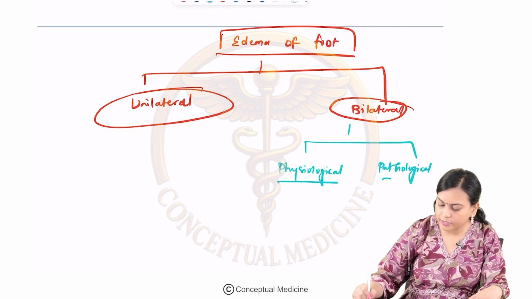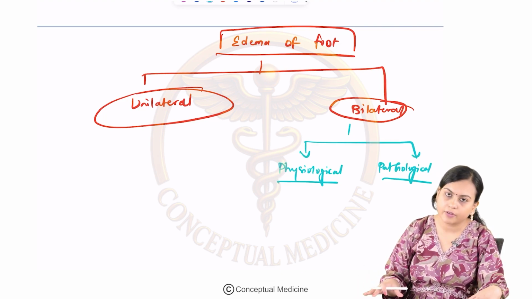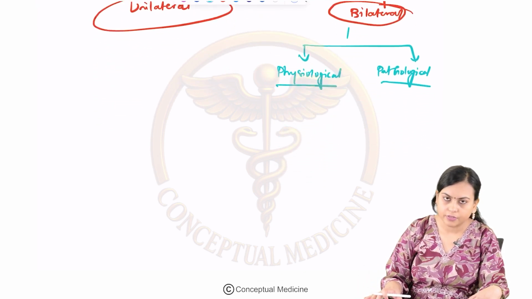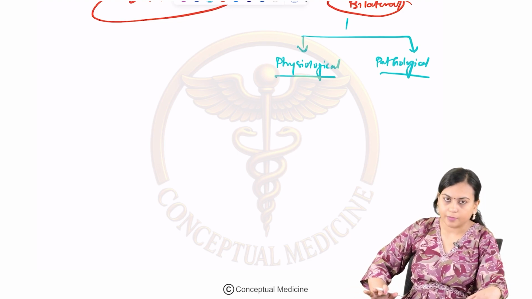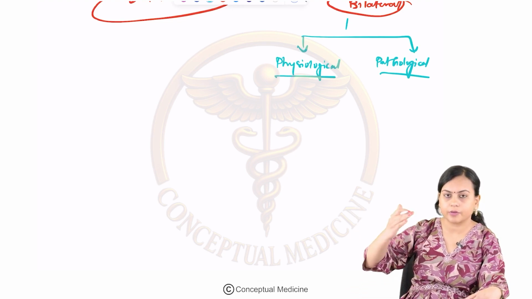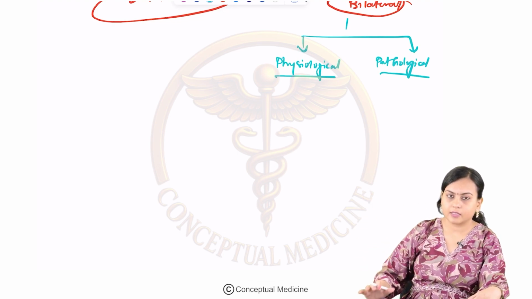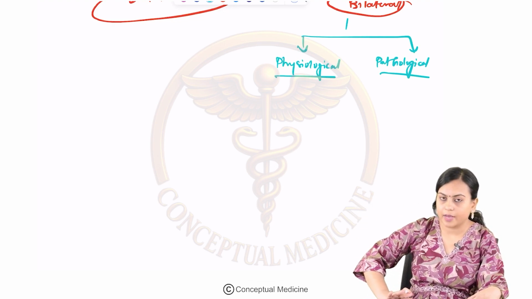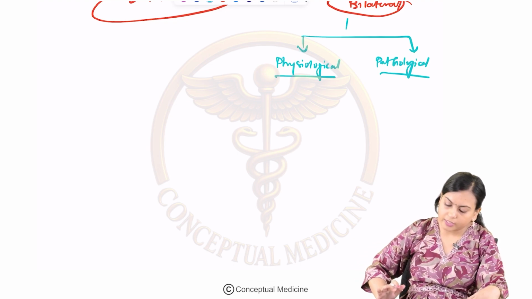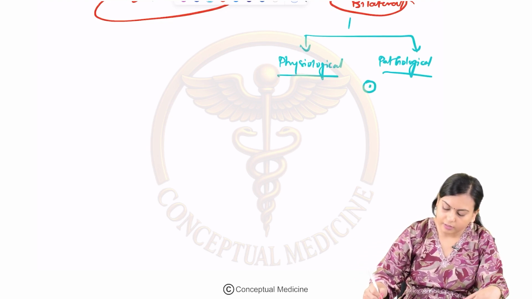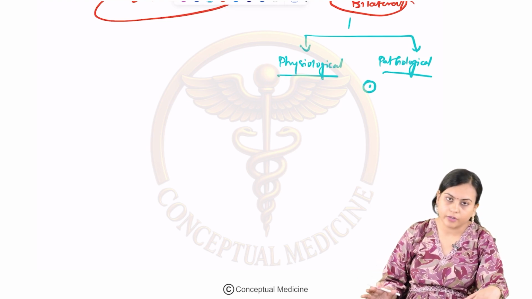When it is physiological, it usually gets relieved within 12 hours. Overnight if she sleeps and wakes up in the morning, she won't find any edema. Slowly as the day goes, due to the compression of the uterus, the stagnation is going to happen, and then only she will have edema. But in pathological states, the edema is not going to reduce and it may even increase.